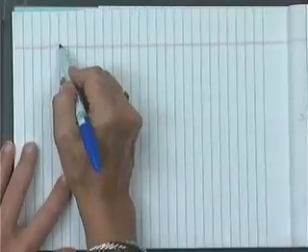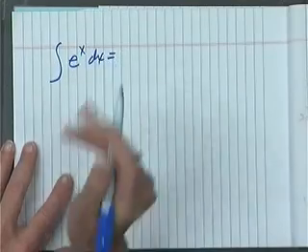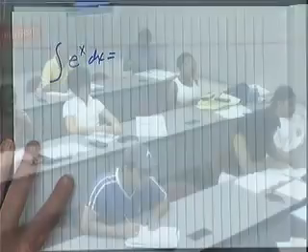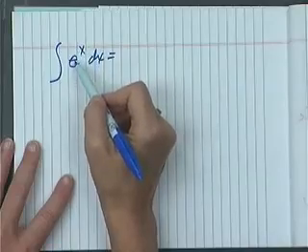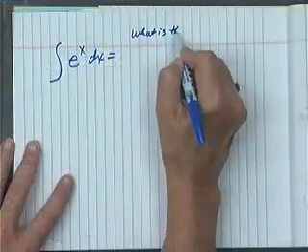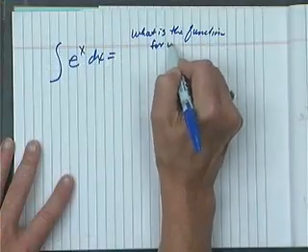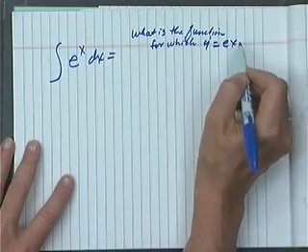All right. So suppose I give you the integral of e to the x dx. What's the question you're asking yourself? What is this part right here? Derivative. So I'm saying, what is the function for which the derivative is e to the x?